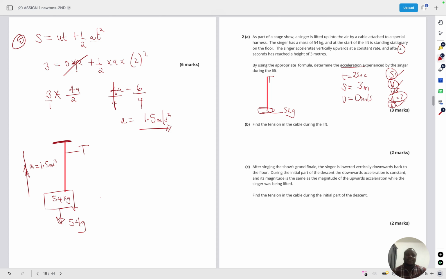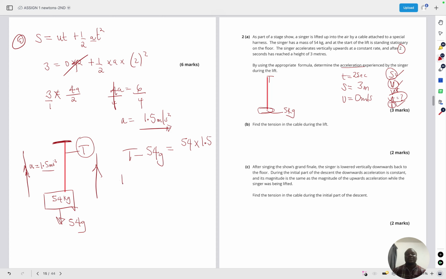So we know that for this person to move up at that acceleration, the movement is actually equivalent to the net force. But we know that the force that is making it move is T. So we've got T minus the force that is opposing the lift, 54g, which should be equivalent to the mass of the object, which is 54, times the acceleration of 1.5, because we already have the acceleration, and we know now that g is 10.